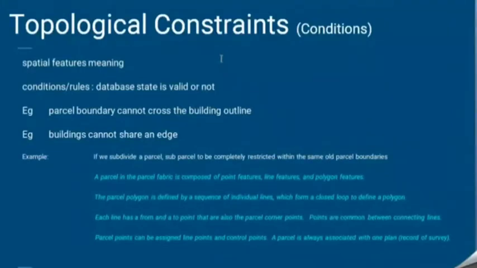For example, we store buildings using lines and polygons, and we have rules that a parcel boundary cannot cross the building outline, and two buildings can share an edge. These kinds of rules, constraints, or restrictions have to be followed. These are the conditions and rules to be followed when we store spatial data.